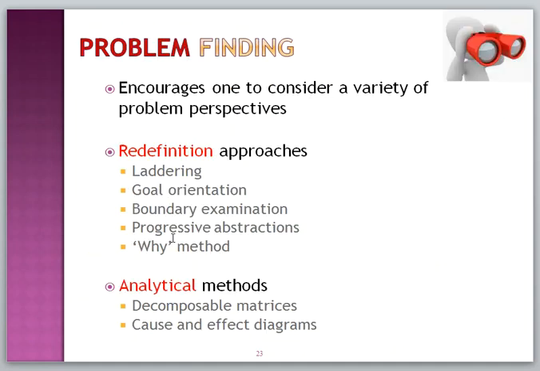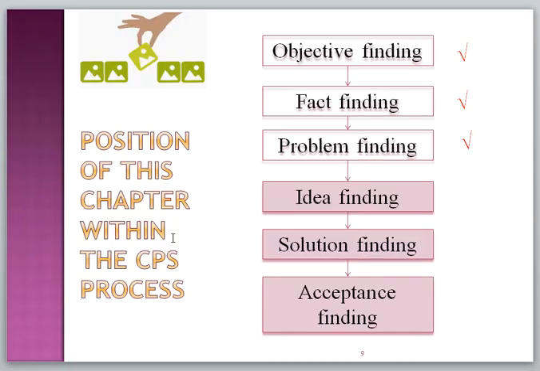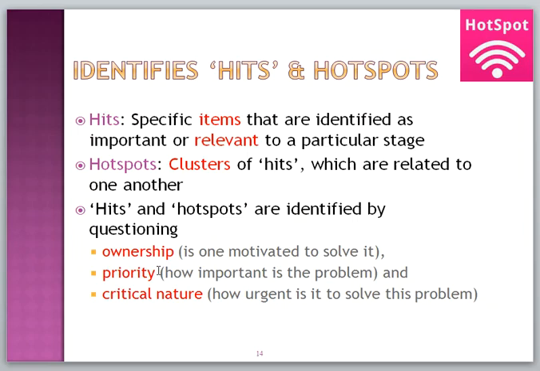which is stage number 3. Let me show you the model. Go back here. Okay, so we finished objective finding and fact finding. Now we are moving to problem finding, stage number 3 in our CPS, which is the creativity problem solving process.